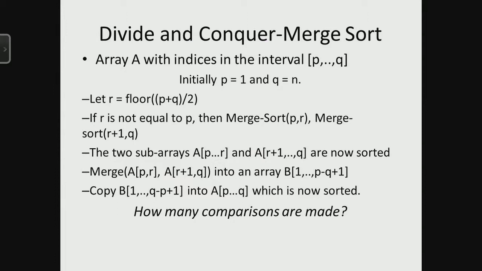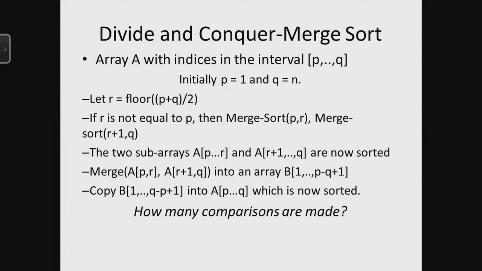The sequence of steps is as follows. The goal is to sort an array whose indices are in the interval p to q, where p is smaller than q. Initially, the first time merge sort is called, the value of p would be 1 and q would be n. That is, we want to sort the array of size n.